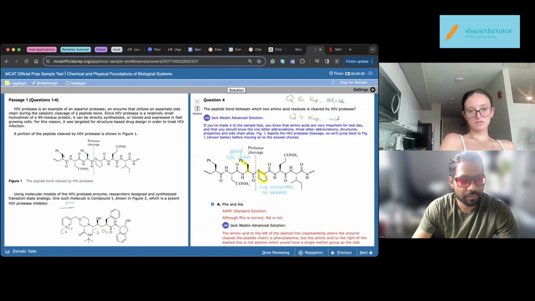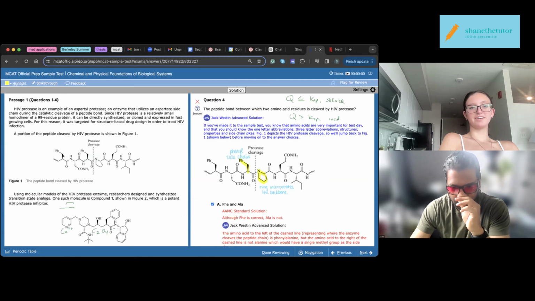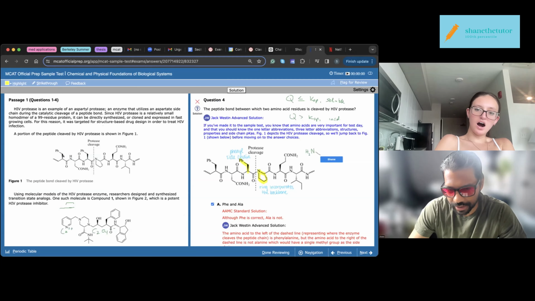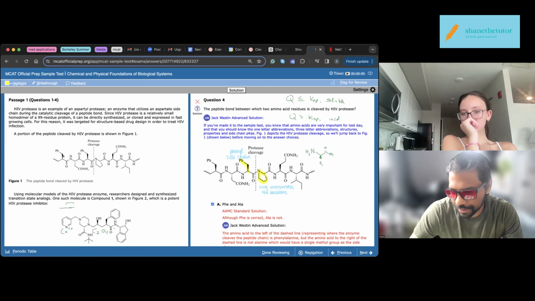So okay, be able to draw an amino acid, let's say with this R group here and then the NH2 and carboxylic acid group there. So this is just a regular generic amino acid backbone, right?